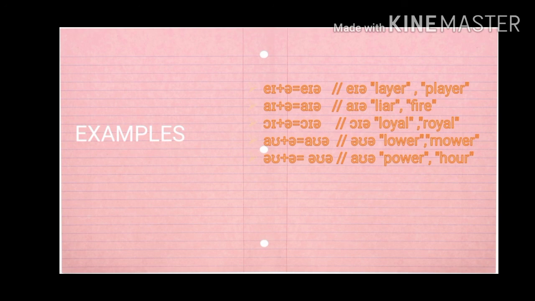And then O plus A equals ewe, like lower or mower. And the last, ow plus A equals hour, like power or hours.